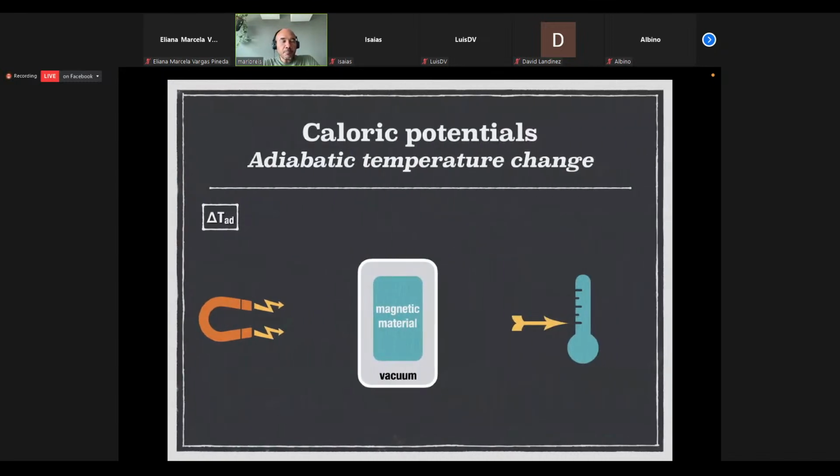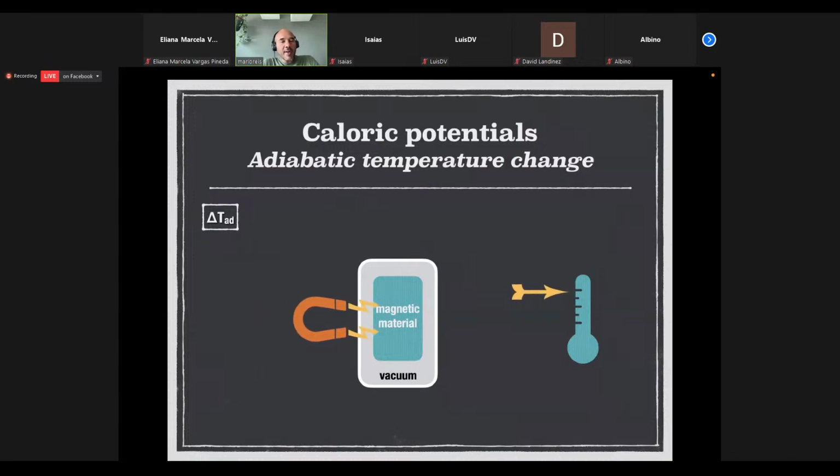There is another potential to characterize the caloric effects. For this case, I'm describing the magnetocaloric effect. I'm considering here a magnetic material. The magnetic material is isolated from the environment. It's in a chamber with vacuum. When we apply a magnetic field, the temperature increases.